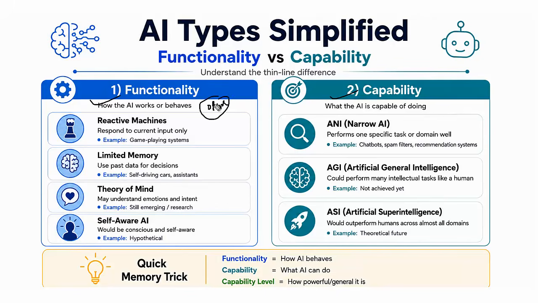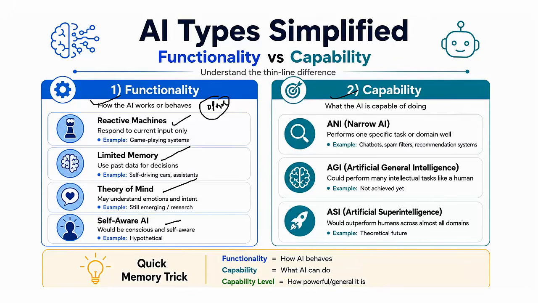That is basically called AI functionality. Let me give an example. How does AI work? Does it remember? Does it learn? Does it understand emotion? Or does it have self-awareness? Based on that, we have categorized AI into four functionalities. One is called reactive, one is called limited memory, one is called theory of mind, and one is called self-aware AI.